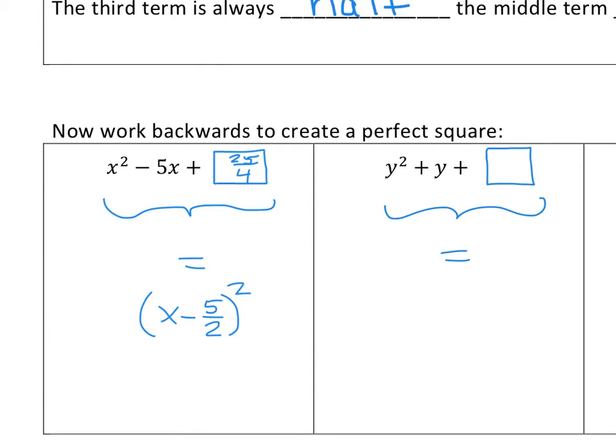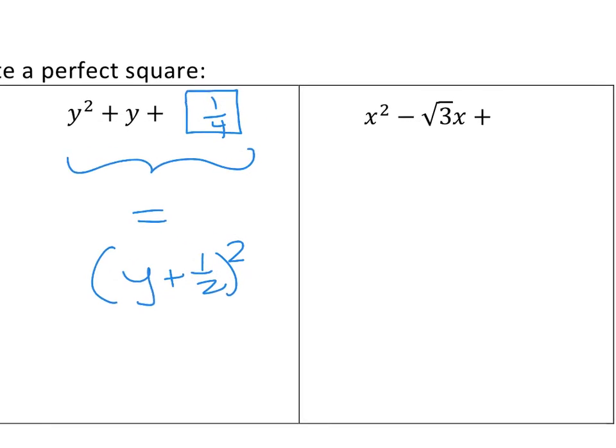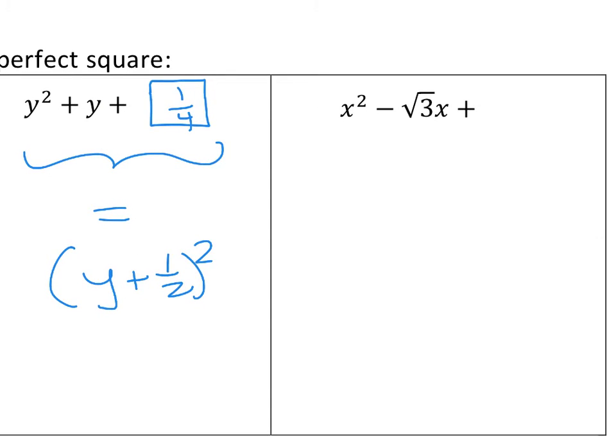All right, so next one, what are we going to add here? Half of 1 is a half. And 1/2 squared is 1/4. Last example here. It looks complicated, but it's really not. All right, what are we going to add here?